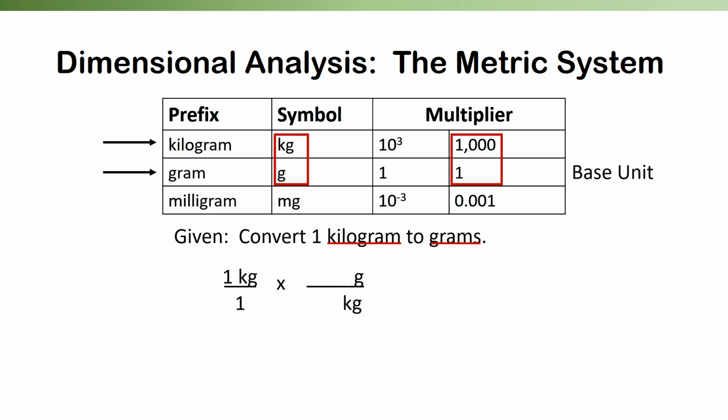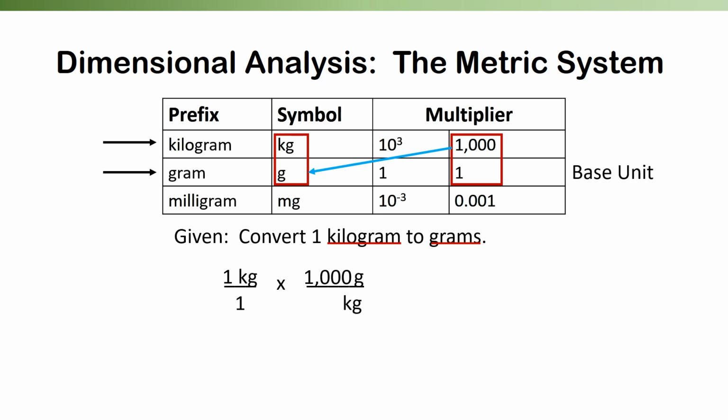All right. So that looks good so far. But the question is, what values are we going to put in there, right? Well, the values are going to come from the multiplier section of our chart, and I'm going to show you how we're going to utilize that. So we're first of all going to go to the multiplier for kilogram, which is 1,000, and plug it into our grams, so that in our numerator we have 1,000 grams.